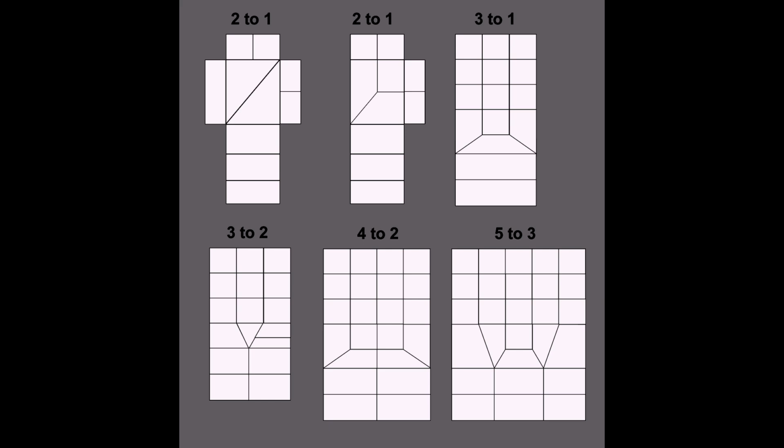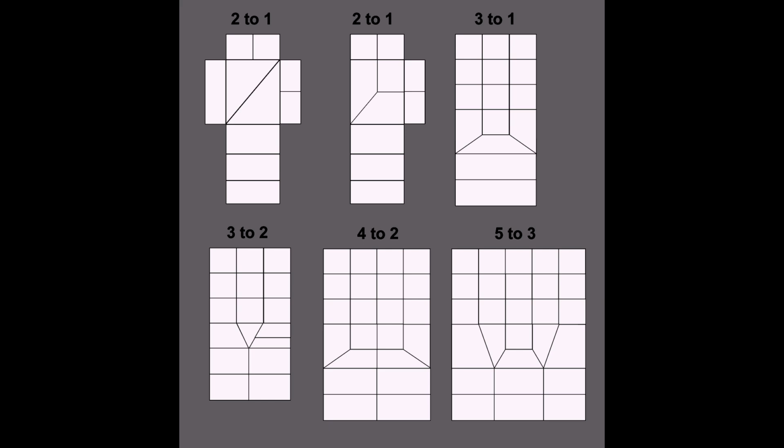Now, if you have a keen eye, you might have noticed that the 3-to-1, the 4-to-2, and the 5-to-3 are essentially the same thing. You see, the 3-to-1 takes the leftmost and loops it into the third one, and then the center one is the part that continues downward.